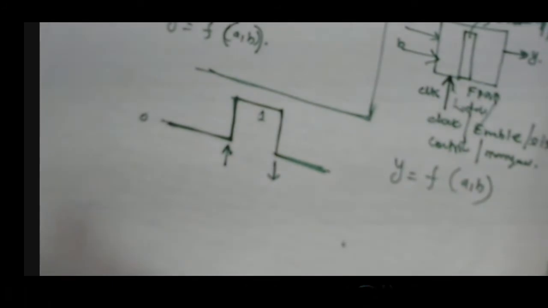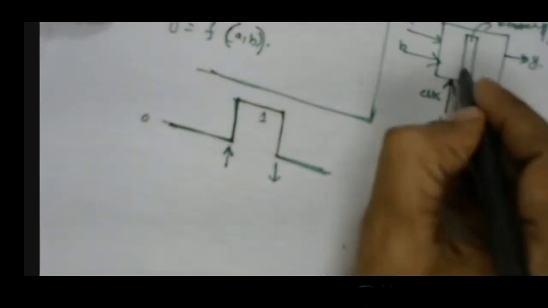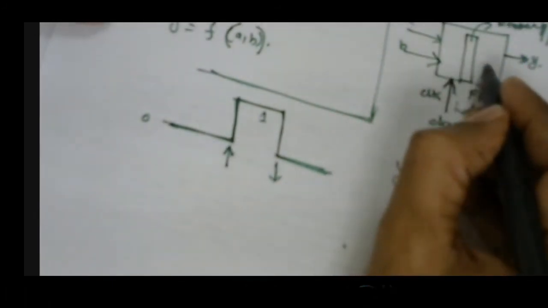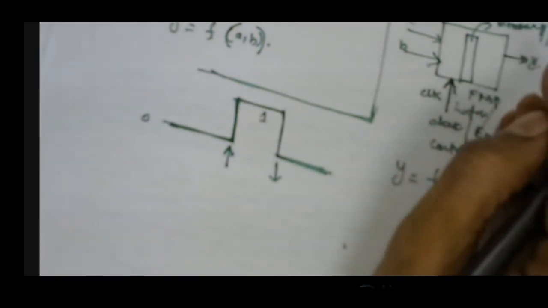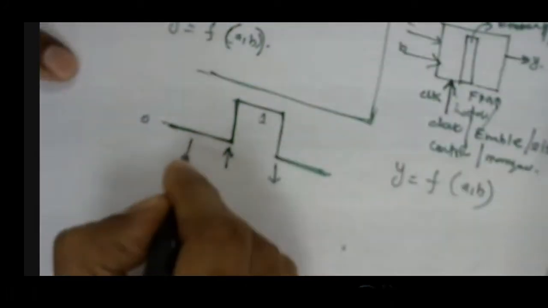So you can design the sequential circuit to respond, to do its task, or to transfer the output or its intermediate stage into the output, either for logic 0 or for logic 1, or for rising edge or for falling edge. That means your sequential circuits can respond to these 4 different levels.